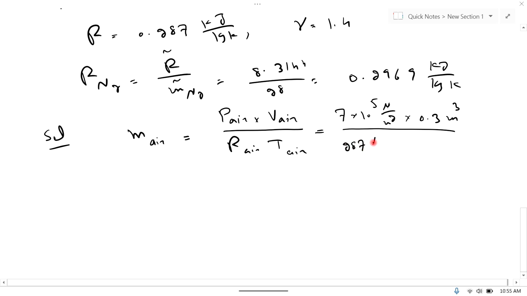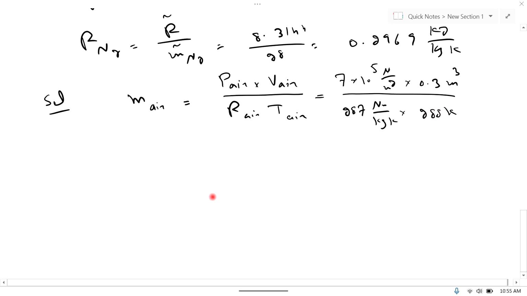Joule is Newton meter per kilogram per Kelvin; when we do not use kilo, it will be 287. And the temperature of air is 288 Kelvin.